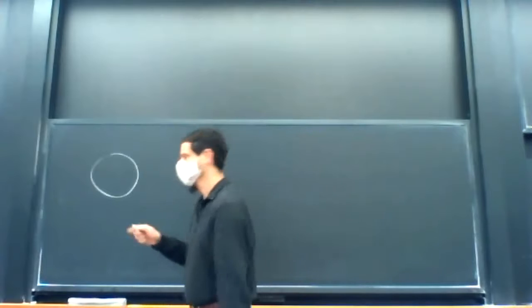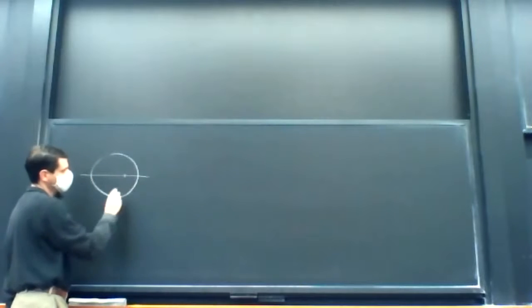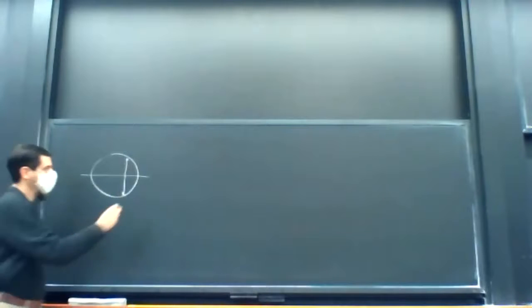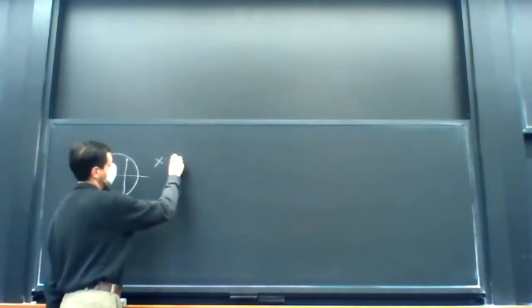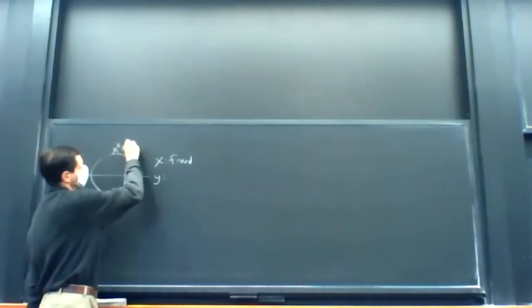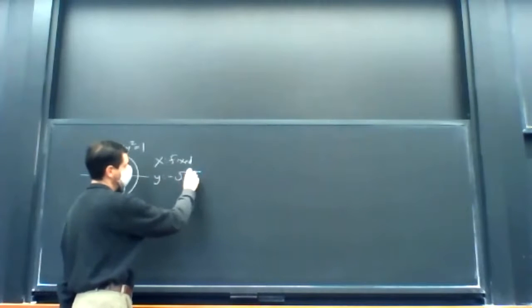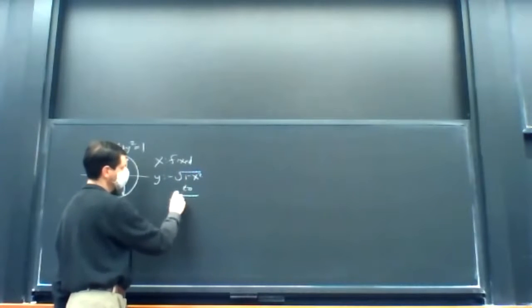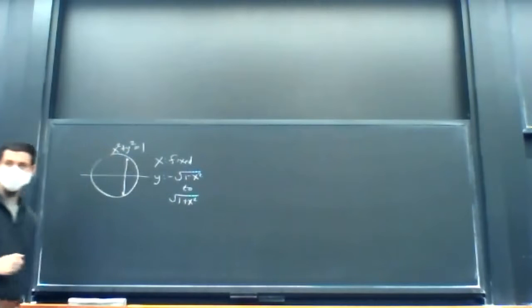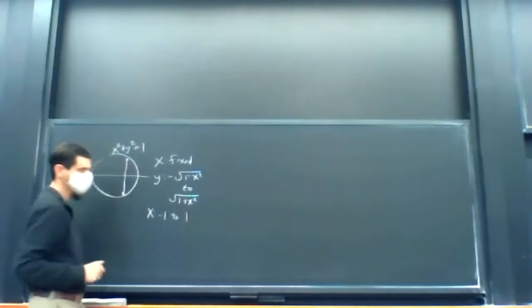Y. So we integrate first with respect to Y. I fix an X, and then I determine the range of Y. So X is fixed, and then Y, if this is x squared plus y squared equals 1, goes from negative square root of 1 minus x squared to the square root of 1 minus x squared. And then x goes from minus 1 to 1.